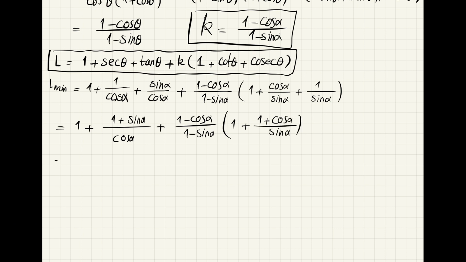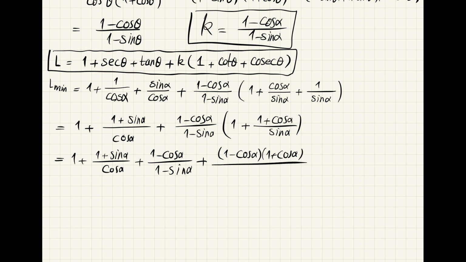So this becomes 1 plus sine alpha over cosine alpha. Now I multiply this expression in, so this becomes 1 minus cosine alpha times 1 minus sine alpha, plus 1 minus cosine alpha times 1 plus cosine alpha, divided by sine alpha times 1 minus sine alpha.